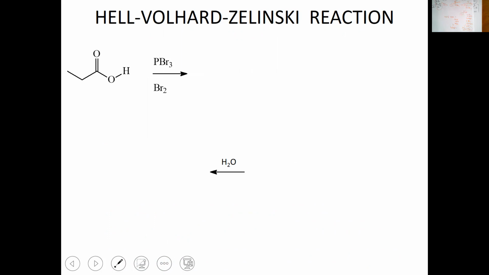First, you add PBr3 and Br2. That's old news. What the heck does that do? It turns your carboxylic acid into an acid bromide. But wait, something else just popped up. That acid bromide can also be drawn as the enol tautomer. Is the enol tautomer favored at equilibrium?